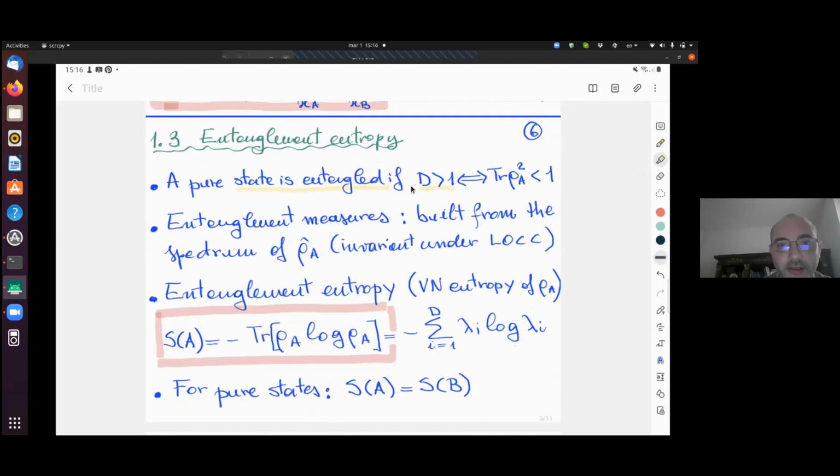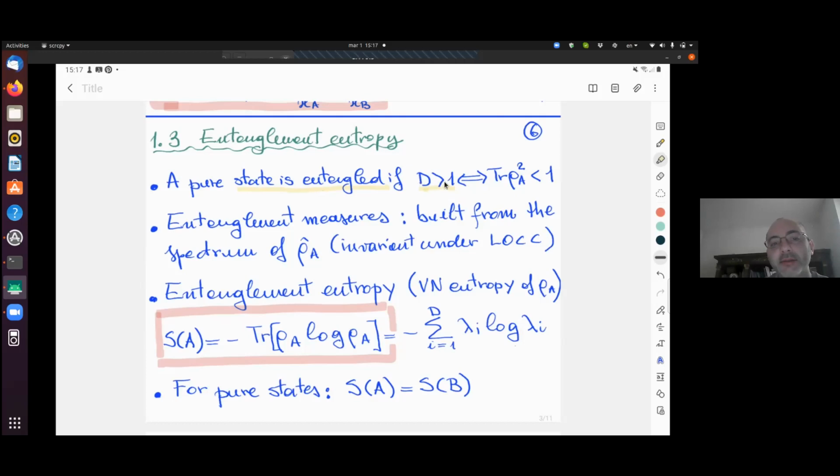So this writing of the state after the singular value decomposition is somehow gauge invariant under local unitary transformations on the Hilbert spaces HA and HB. So it's quite important.